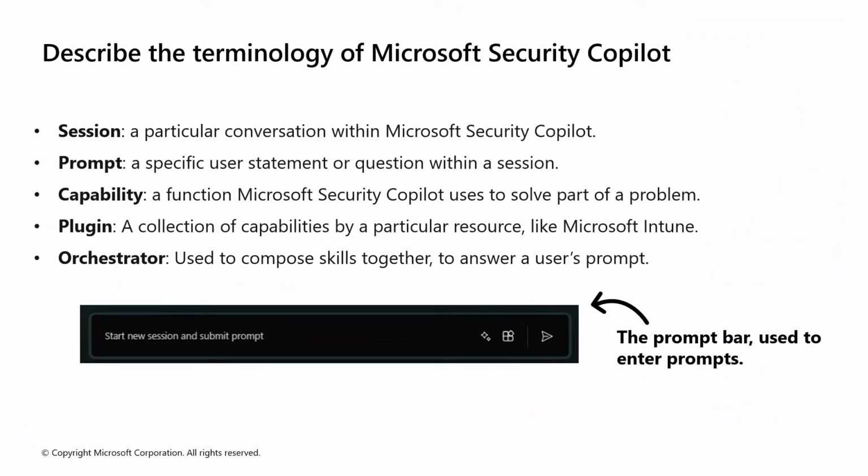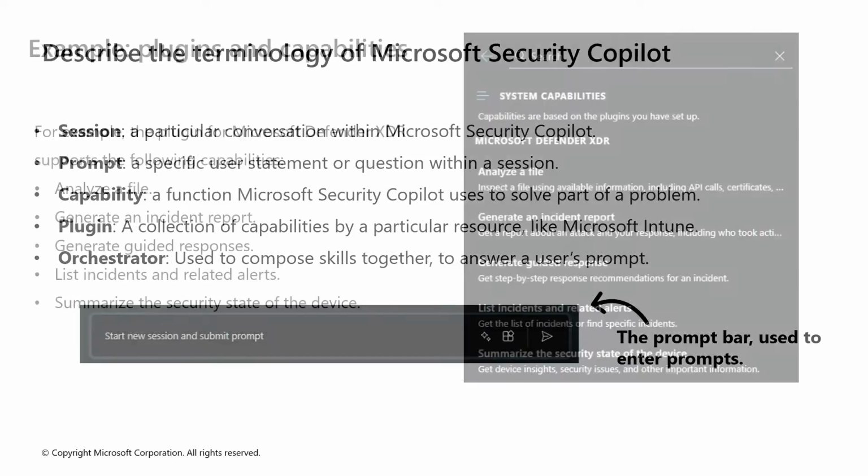At the heart of Microsoft Security Copilot is that prompt bar. This is where you tell Copilot what you're doing and what you're looking for, whether it's insights from security data or if you need help with specific tasks. Each time you enter something here, it's called a prompt, and Copilot uses the context of your current session to understand and respond appropriately.